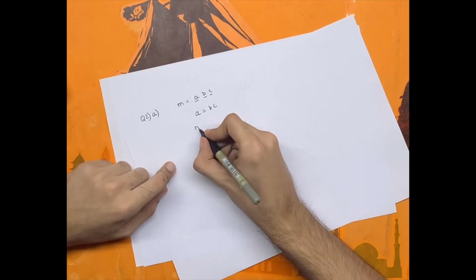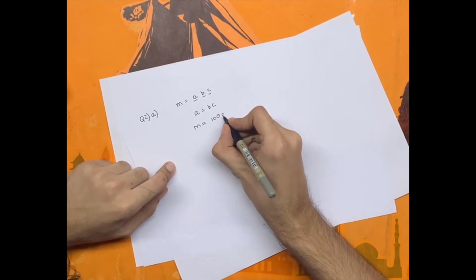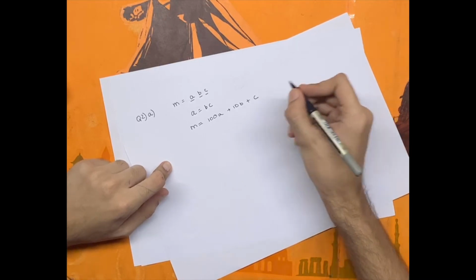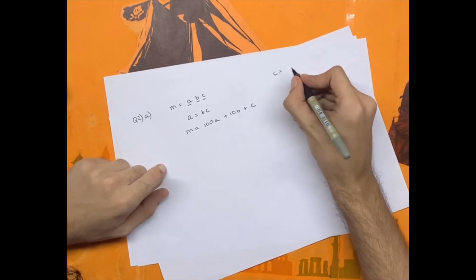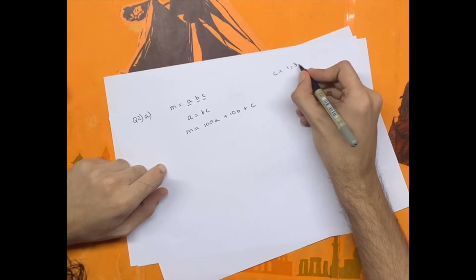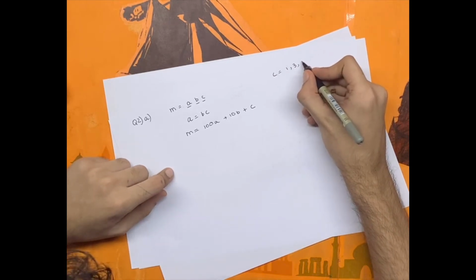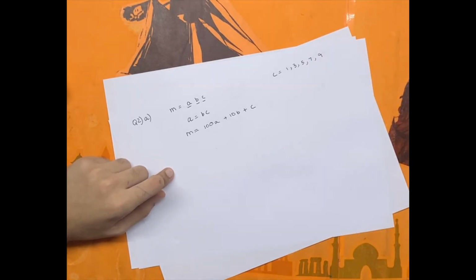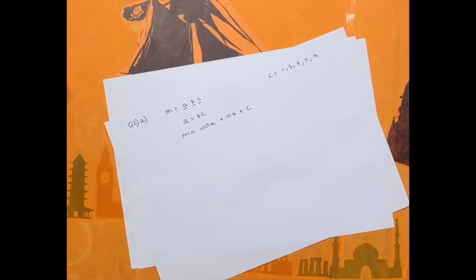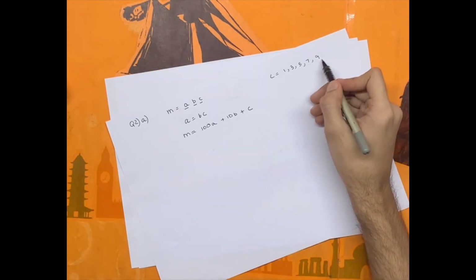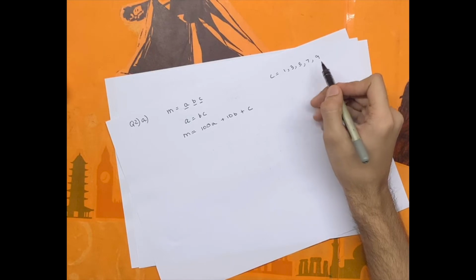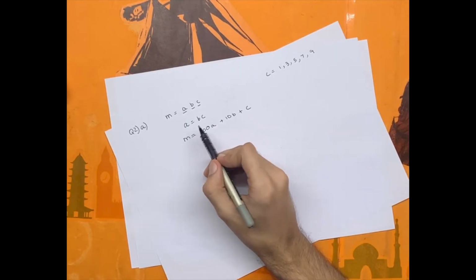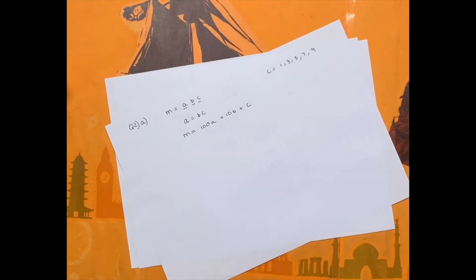Okay, so m can be written as 100a plus 10b plus c, and c can only be 1, 3, 5, 7, 9. But it's very unrealistic to think that c is 7 or 9, because we have to have a as a single digit number and a is equal to b times c.